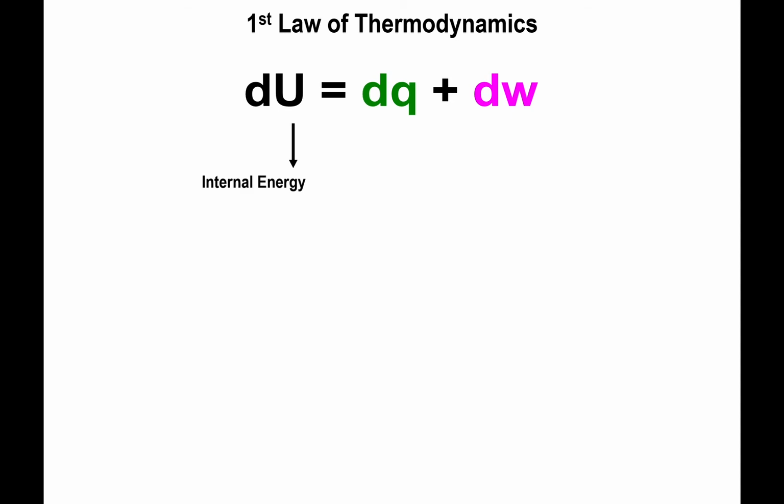You neither create it nor destroy it. And what that basically means is that the internal energy is actually constant. You have a constant amount of total energy. And that energy can be distributed into heat or work to whatever extent. As long as the addition of these two things yields the internal energy, you can basically transform all the heat to work or all the work to heat and vice versa.